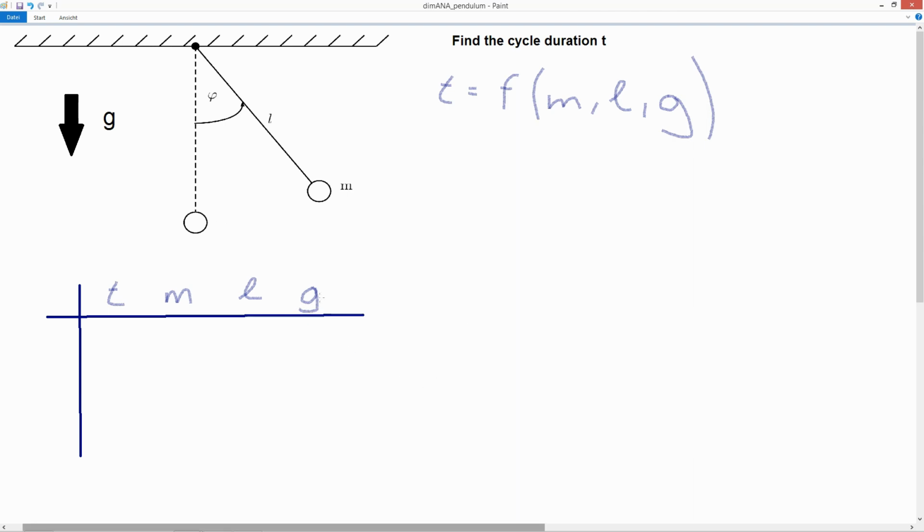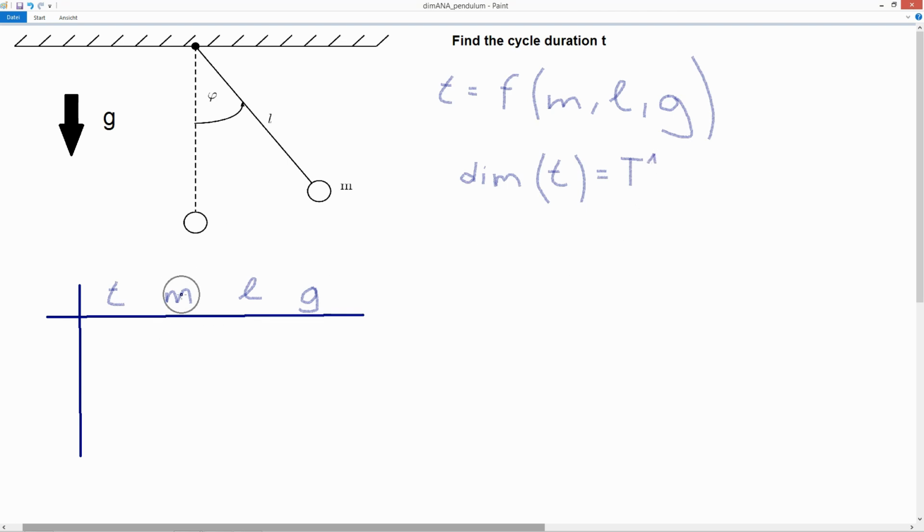Next, we need the dimension of these quantities here. So we need the dimension of t, which is capital T to the power of 1.